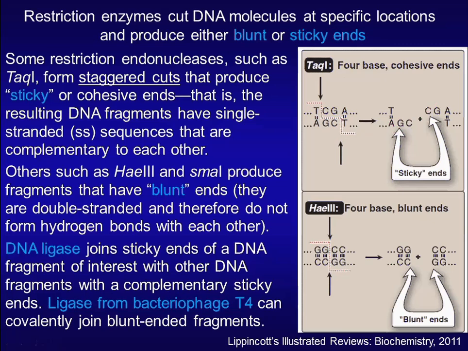Other restriction enzymes, such as HEY3, produce fragments that have blunt ends. They are double-stranded. They do not form hydrogen bonds with each other. DNA ligase joins sticky ends. Ligase from bacteriophage T4 can covalently join the blunt-ended fragments, such as fragments generated by HEY3.